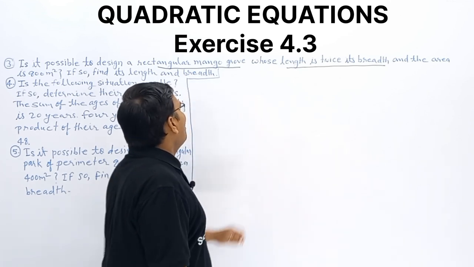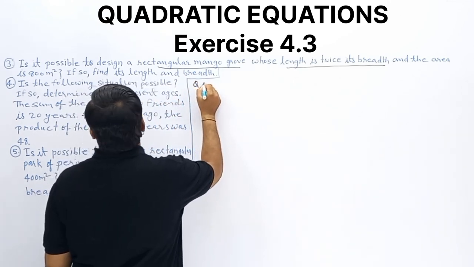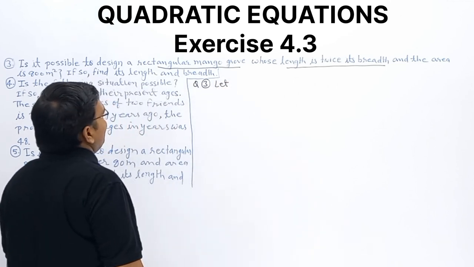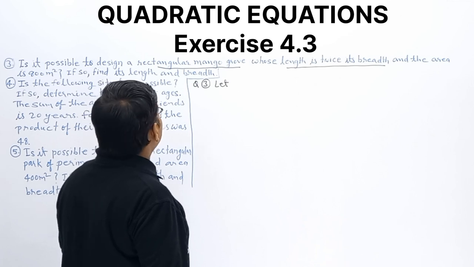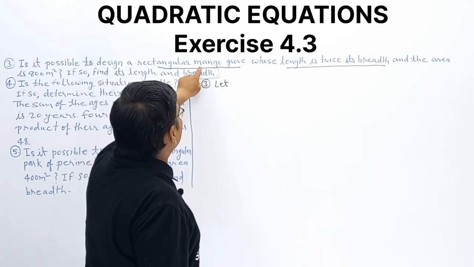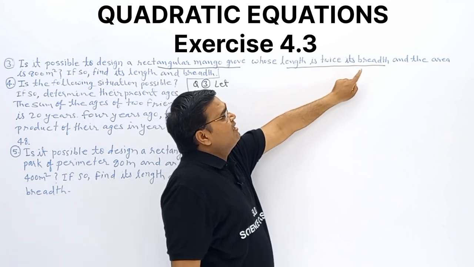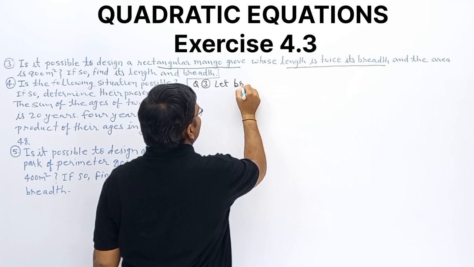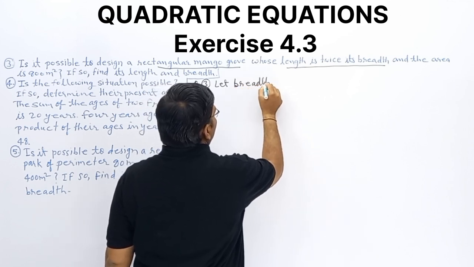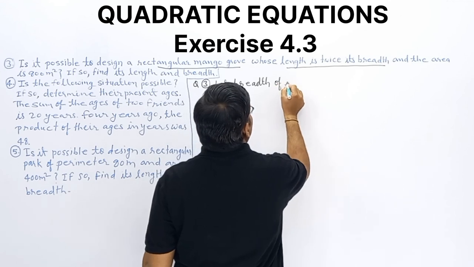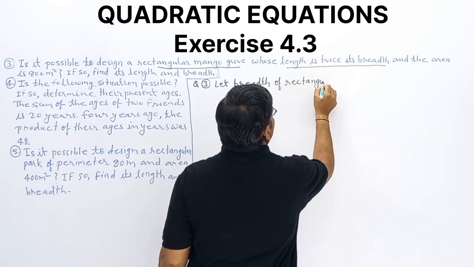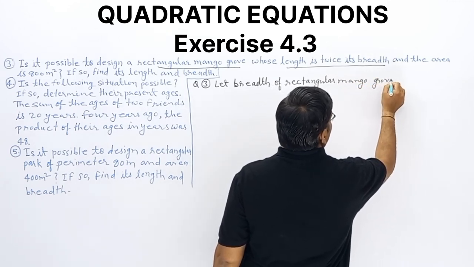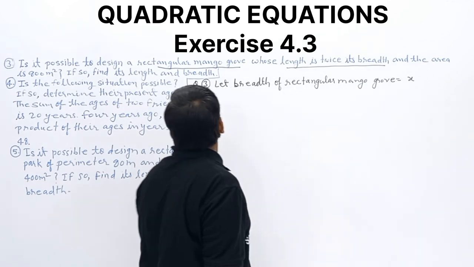Clear? So, how will we solve this question? Question number 3. First I am assuming a rectangular mango grove whose length is twice its breadth. Let the breadth of the rectangular mango grove equal x meters.